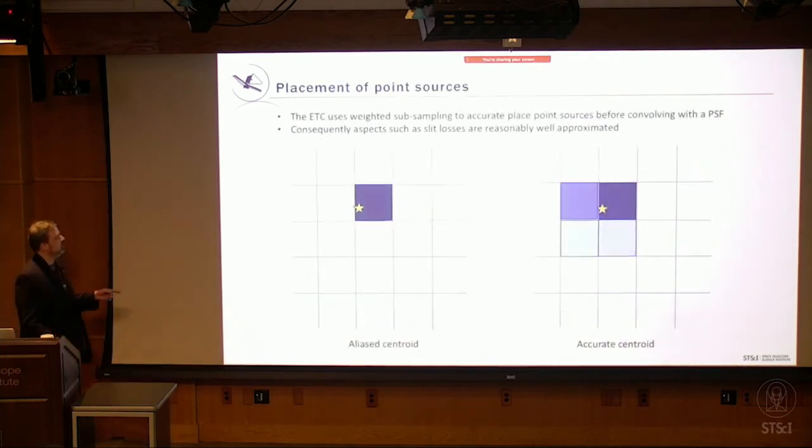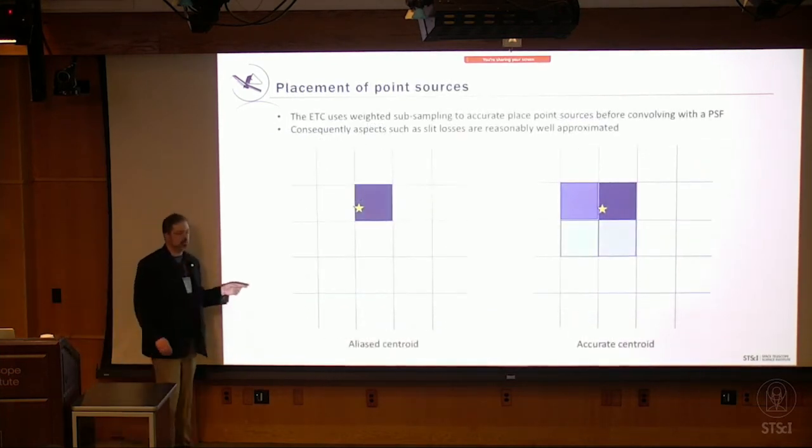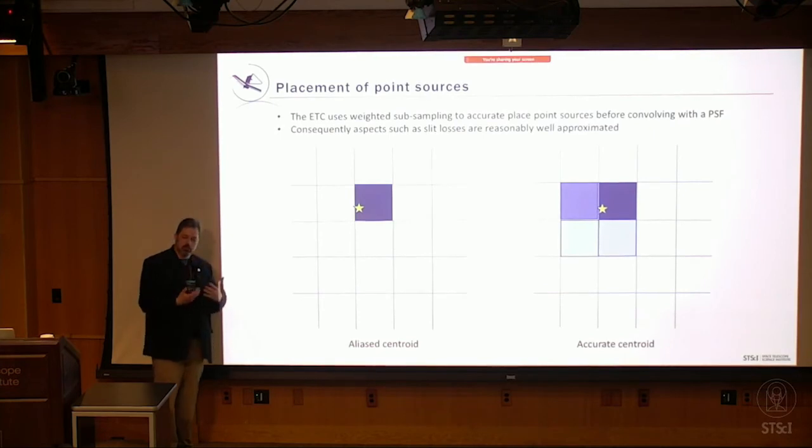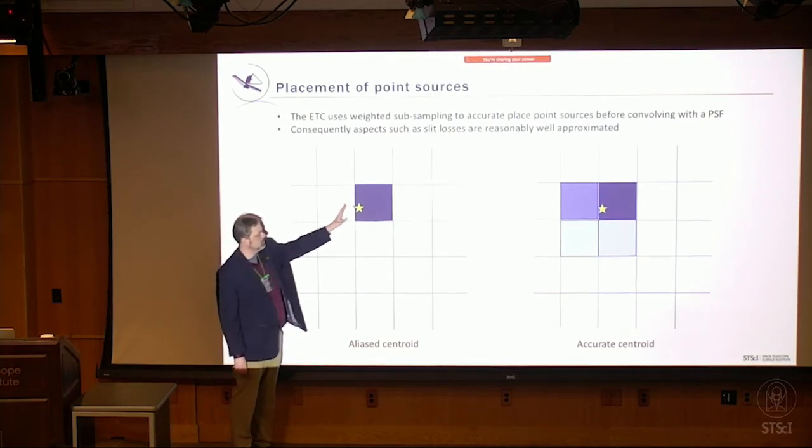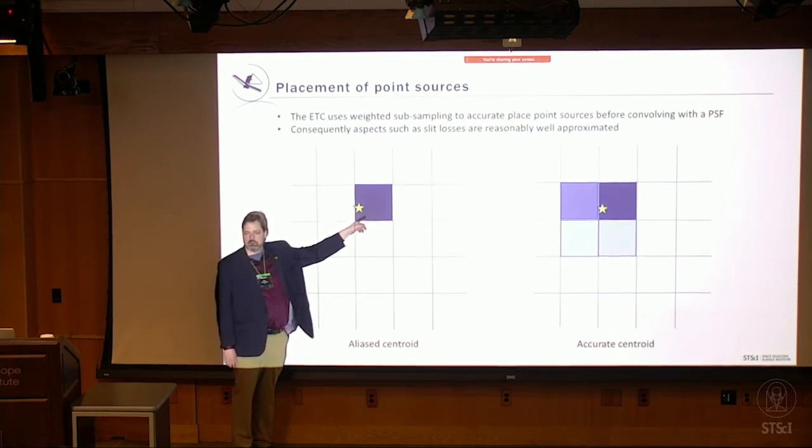Just wanted to make a point about how point sources are placed in the scene. This is important for things like if you're using a narrow slit, like the multi-shutter array. The ETC will correctly calculate where the source is within that shutter, even though the placement is at some fraction of a pixel. The way that it does that is, let's say you have a point source here and you have your sampling grid. You might be tempted to just place it in this pixel here, but you can see the centroid of that won't be right.